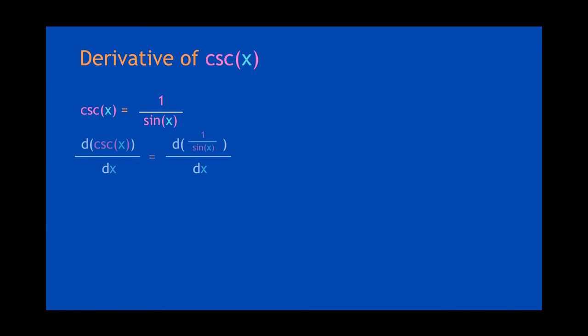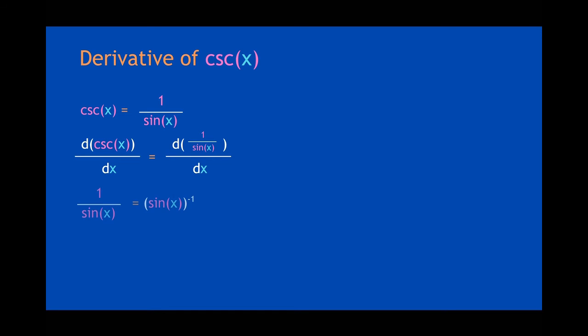From here, we'll talk about the derivative of the cosecant of x, which is a very similar proof to the secant of x. So just like before, let's identify that the cosecant of x is equal to 1 over the sine of x. From here, we'll take the derivative of both sides, so the derivative of the cosecant of x is equal to whatever the derivative of 1 over the sine of x happens to be.